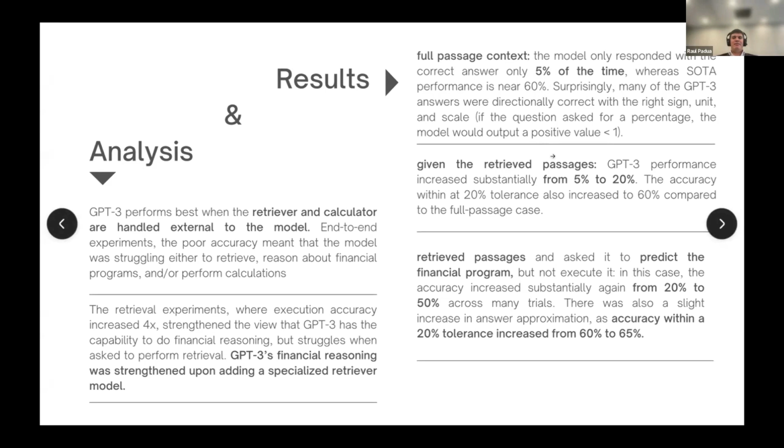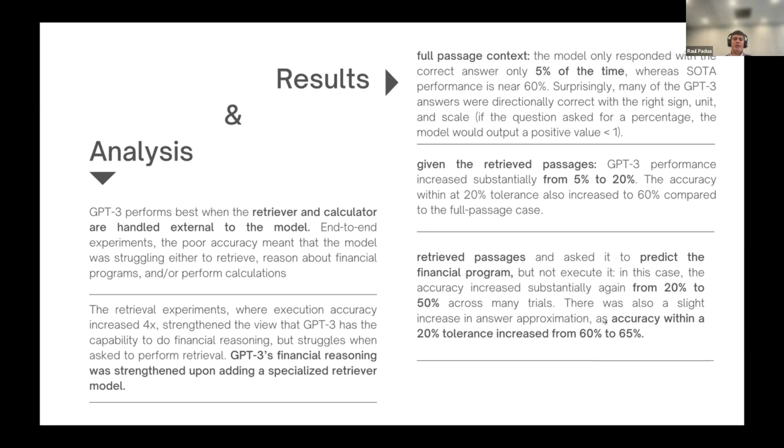Given the retrieved passages, performance increased substantially. We kept increasing with this approach, finding accuracy with 20% tolerance increase from 60 to 65%, which is even better than what was seen after Bloomberg GPT released its initial results.